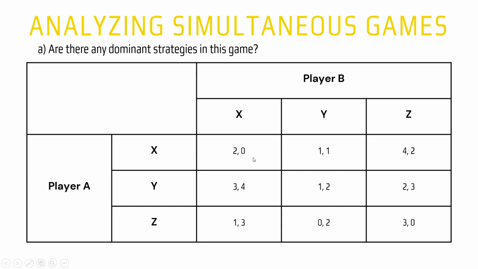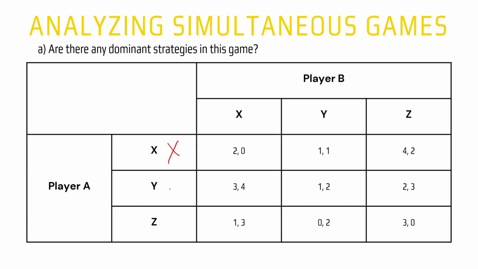So let's first consider the strategies of player A. Considering player A's strategy X, we can see that the first one is already being dominated by strategy Y since 2 is less than 3. Therefore, player A strategy X is not a dominant strategy.